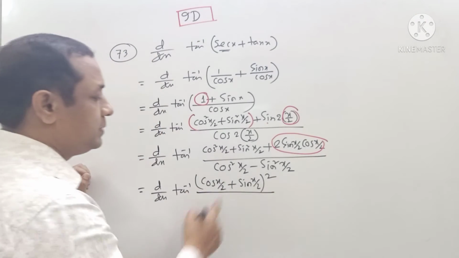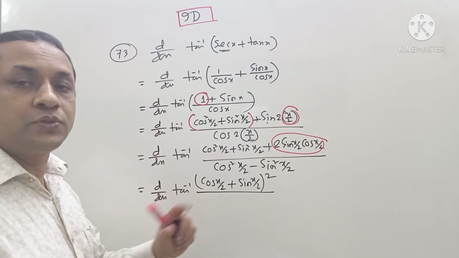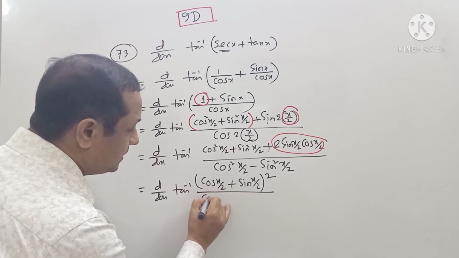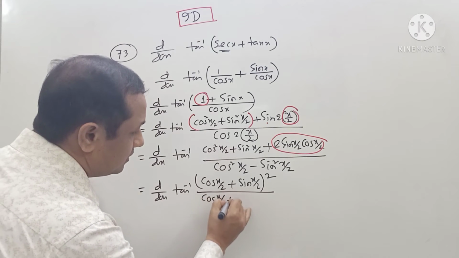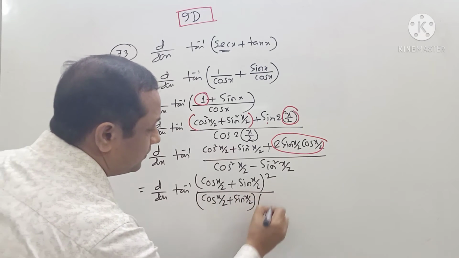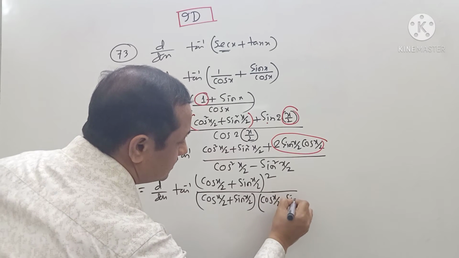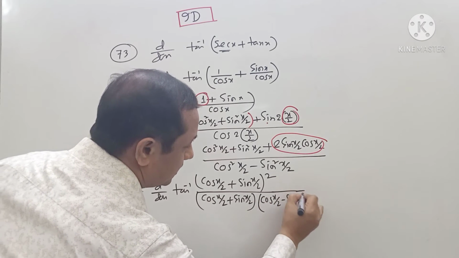The denominator will use the formula a square minus b square, which means (a plus b) into (a minus b), where b means sin x by 2.